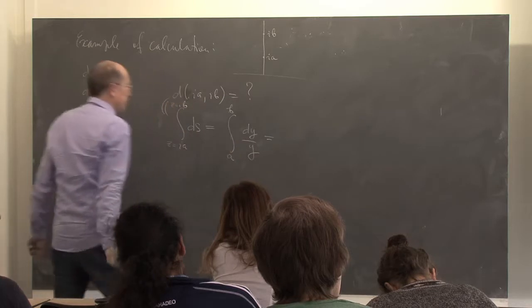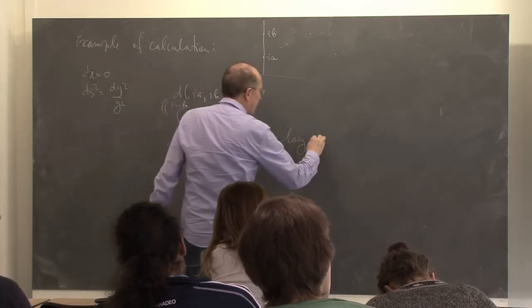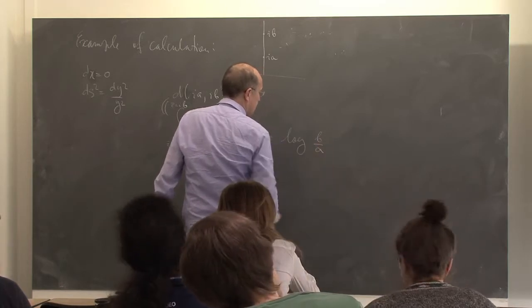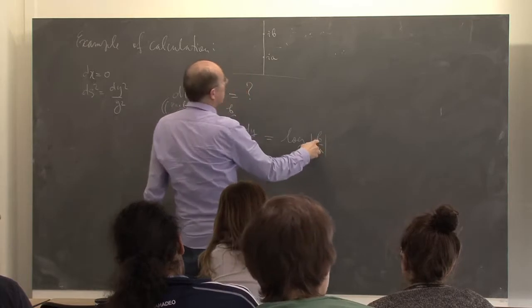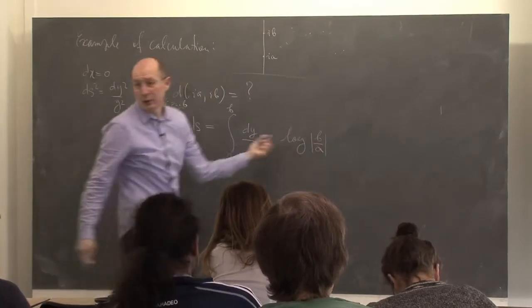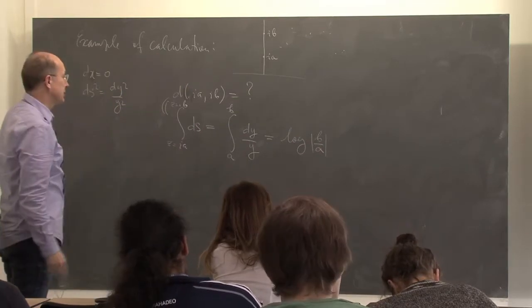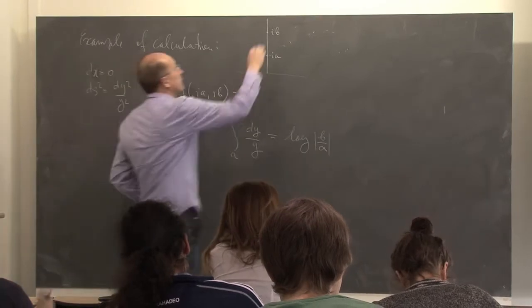So we end up with the formula logarithm of b over a. We can put the absolute value, but if b is greater than a, we can remove it. Anyway, that's the hyperbolic length of that segment.